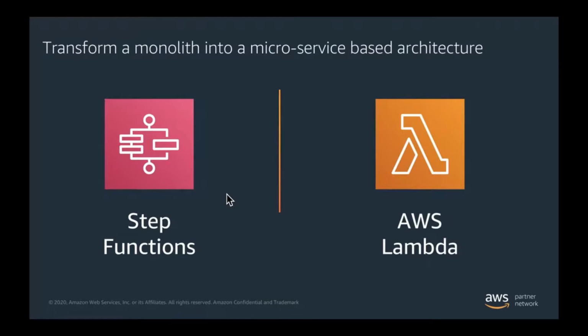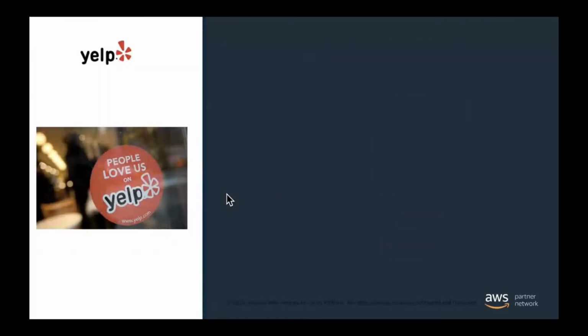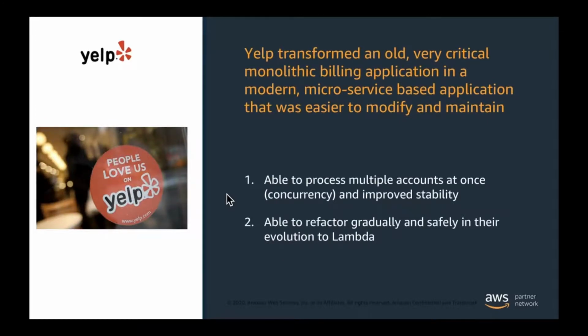We also have a lot of customers that are working to transform a monolithic application into a microservice-based architecture. This is something that Yelp did, where they were able to transform a monolithic billing application into a modern microservice-based application.